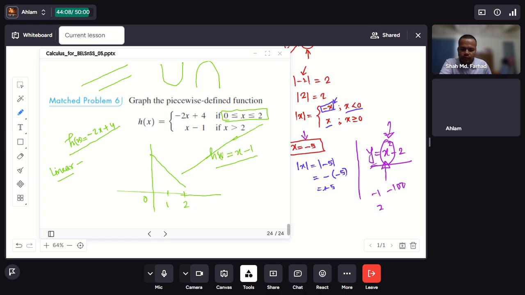It will continue up to infinity. The circle at 0 will not be filled, but here we have to fill the circle, and this one will be the empty circle. The graph will be just like this.